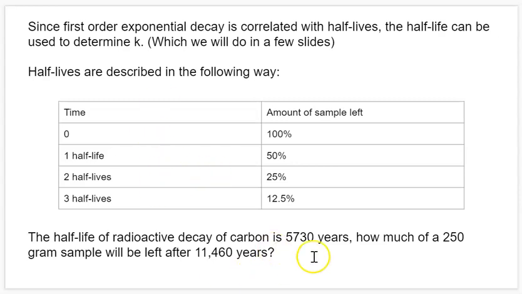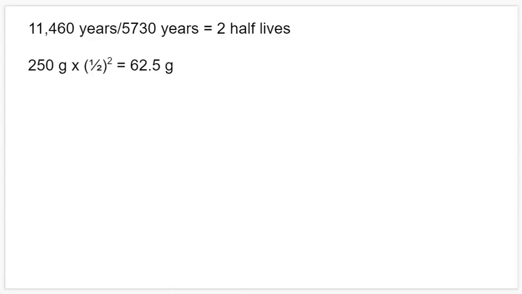For example, carbon's half-life is 5,730 years. So say I wanted to figure out how much of a 250-gram sample of carbon will be left after it's left out for 11,460 years. So if we divide the amount of time passed by the half-life, we can determine how many half-lives it was. So in that case, this is 2 half-lives.